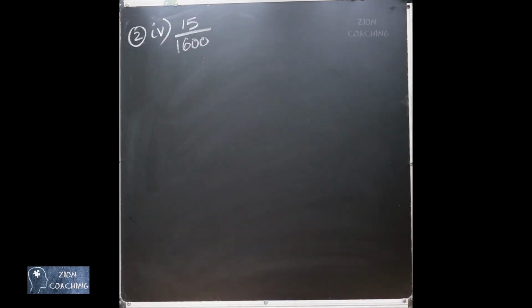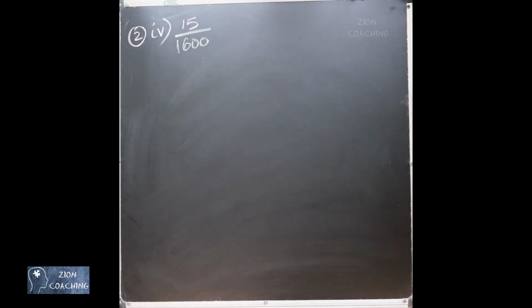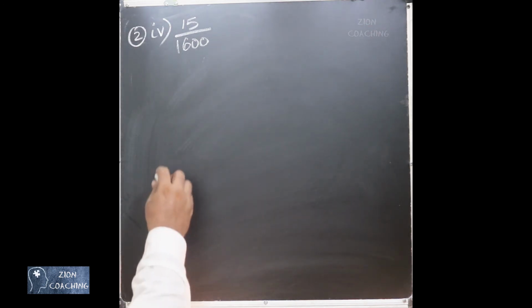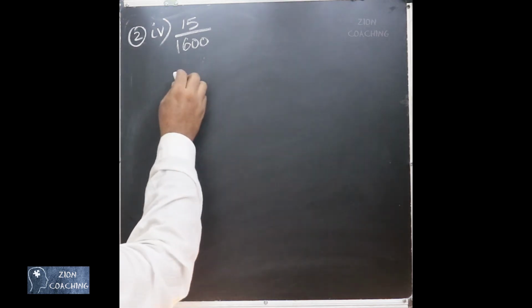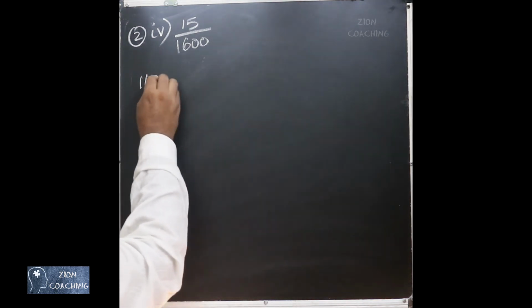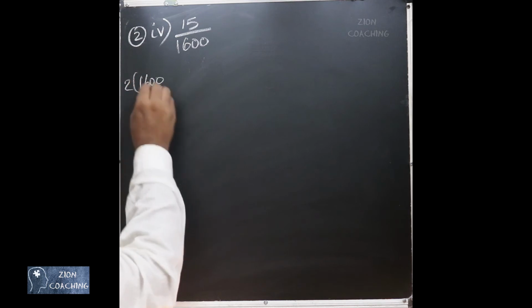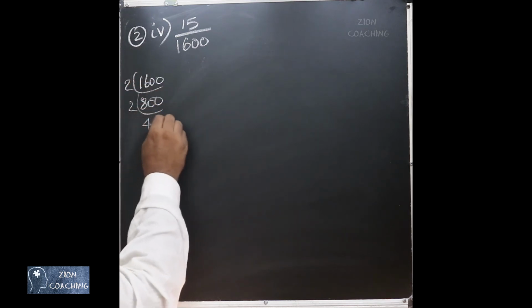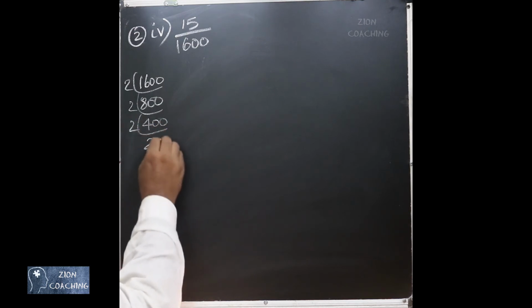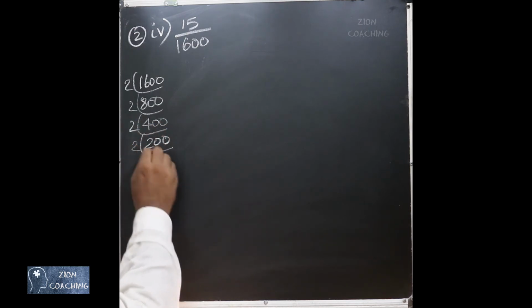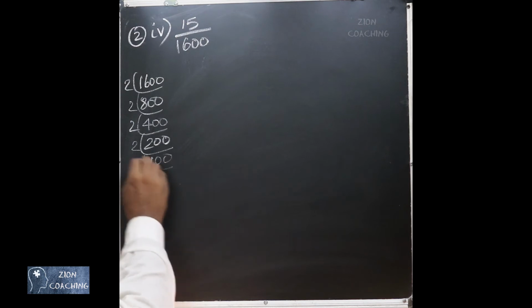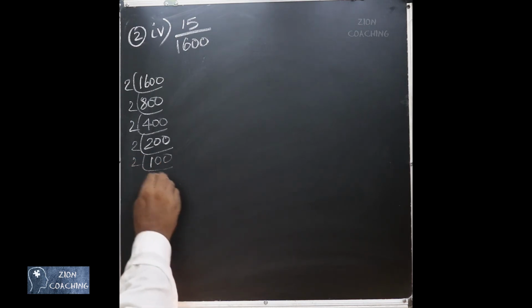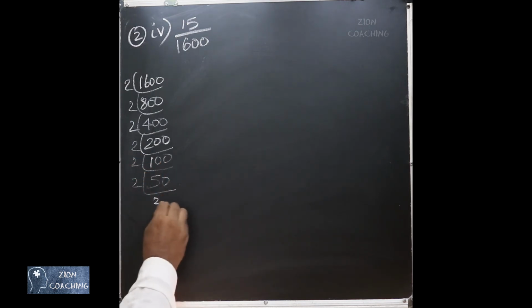The next subdivision which had a terminating decimal expansion is the fourth subdivision, that is 15 by 1600. When we prime factorize this, I will do it again. 1600 gives 800, then 2 gives 400, then 2 gives 200, again by 2 you get 100, 50, 25, then 5 5s are 25.